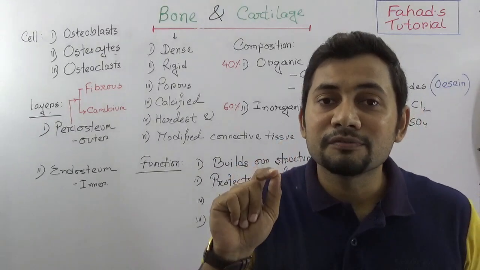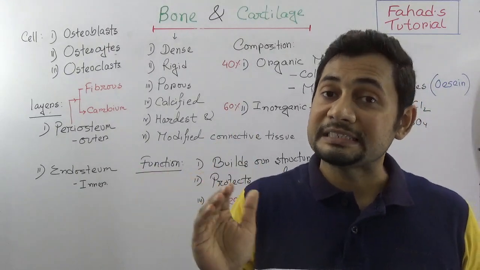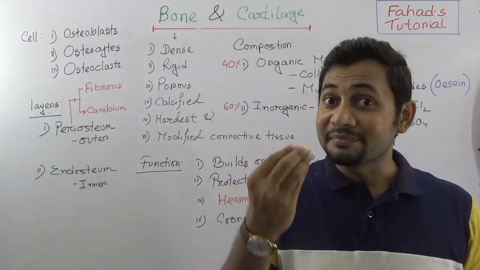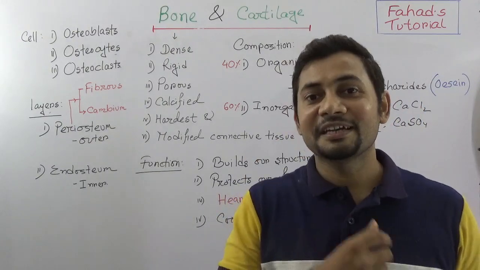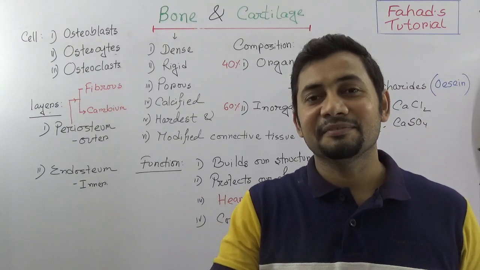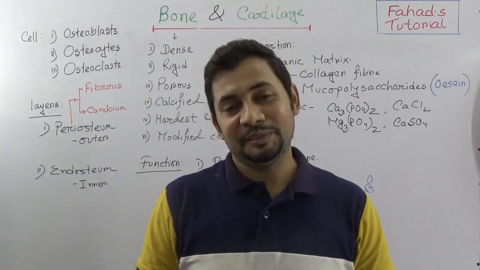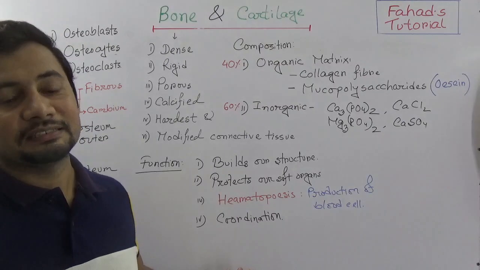In case of composition, you should remember the organic material, which is mucopolysaccharide and collagen fiber, and the inorganic material is calcium chloride, calcium sulfate, calcium phosphate and magnesium phosphate. In case of function, you should remember this very simple thing.